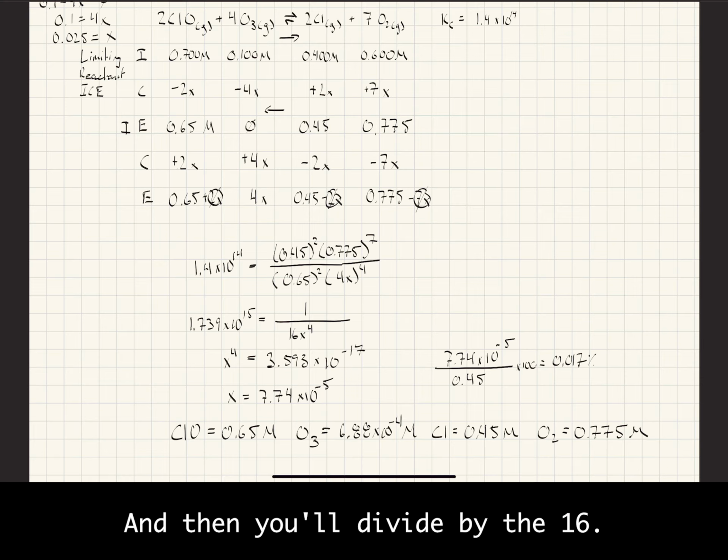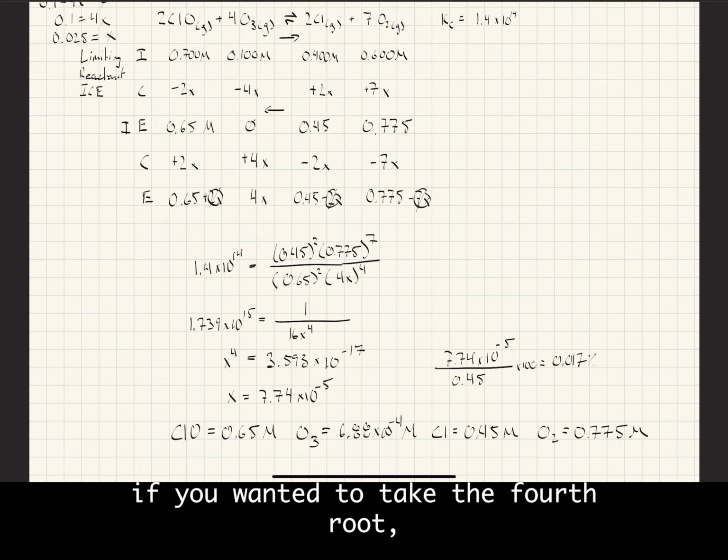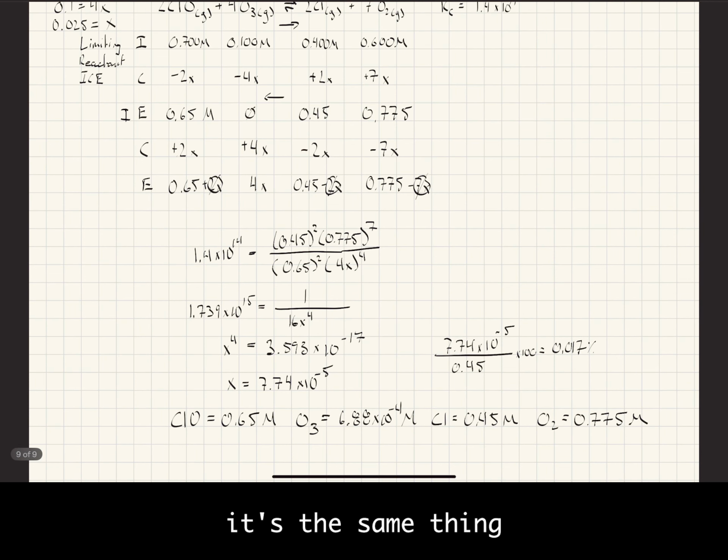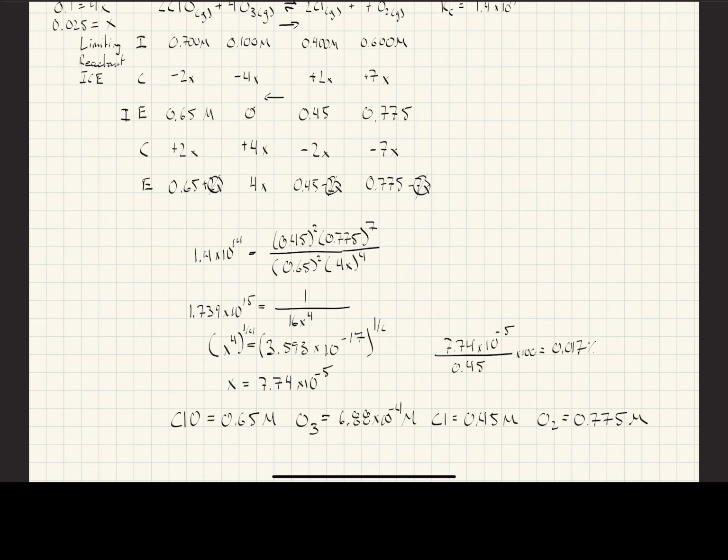And then you'll divide by the 16 and then do the fourth root. In case you didn't know, if you wanted to take the fourth root, it's the same thing as raising this to the 1/4 and raising this to the 1/4.